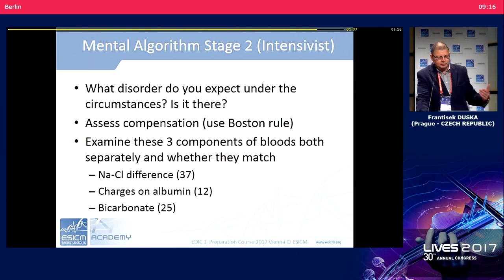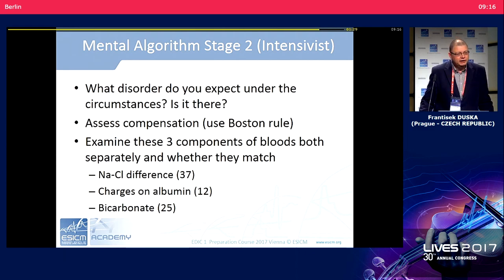So I would recommend then, when you look at the case during your EDIC exam, EDIC 1 or EDIC 2, just think of the clinical context and what acid-base abnormality do you expect. And if it's there, you are done, okay?